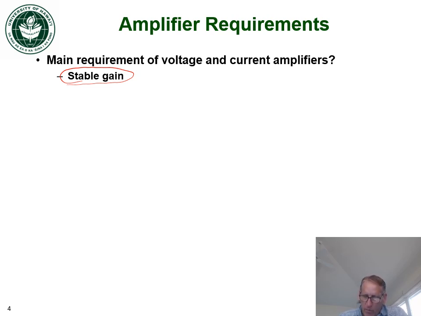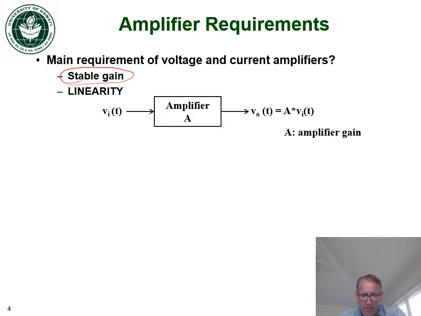Second thing we want turns out to be something called linearity, and that is if we put an input signal in, we want an amplified signal at the output, and we do not want it to be distorted. So the ideal amplifier here has some input, we call it Vi of t, going through our amplifier A, and our output is going to be the gain of our amplifier A times the input.